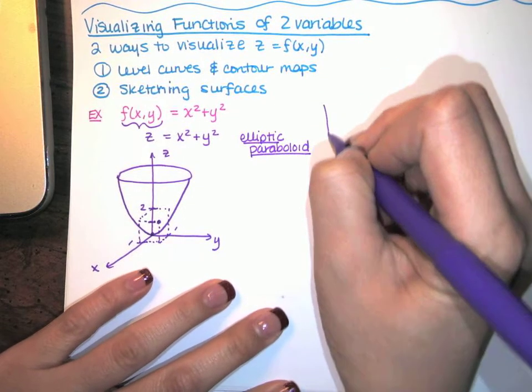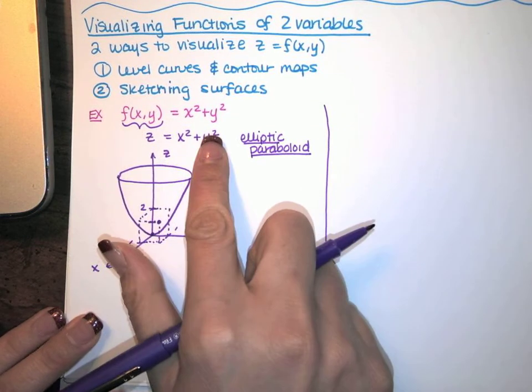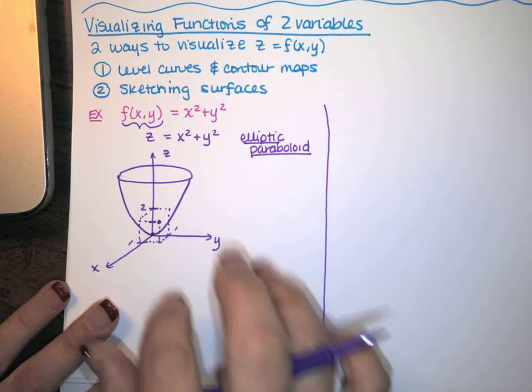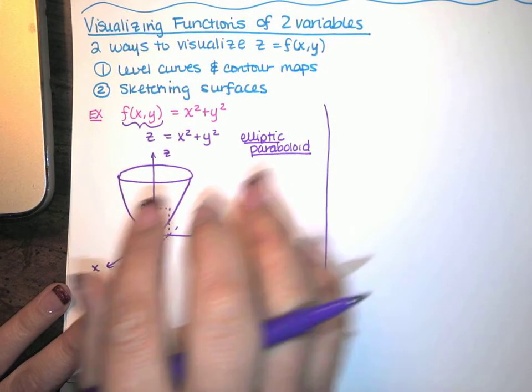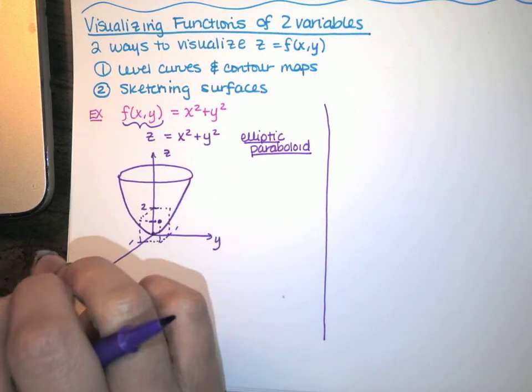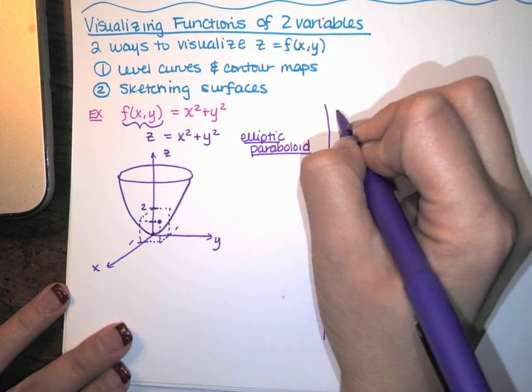Let's say I want to think about this surface and visualize this surface not knowing anything about what it looks like. Maybe I haven't studied elliptic paraboloids yet, and I'm just trying to get some sense of what's going on with the surface. One way that we can do that is we can sketch what are called level curves.